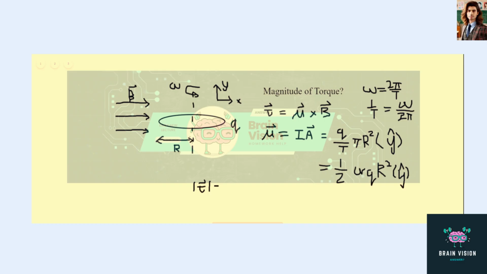You know the formula, but in the definition, the magnitude will just be the magnitude of mu, magnitude of B, and then sine of the angle between the two vectors, which in this case will just be 90 degrees.